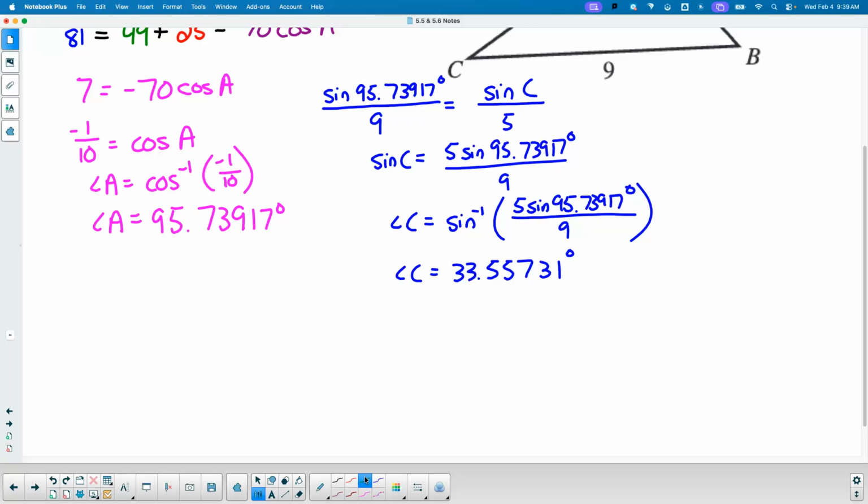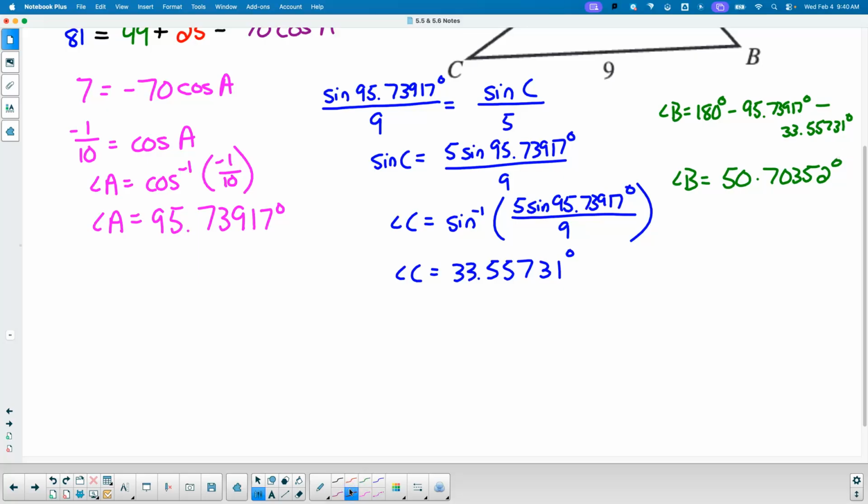And then angle B, I get angle B here as 50.7035 degrees.